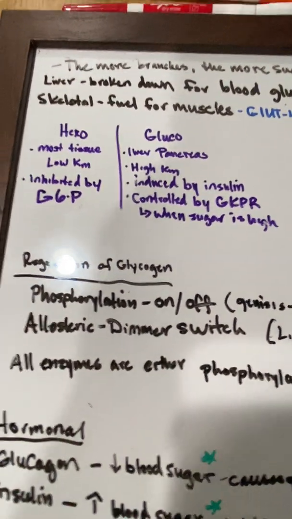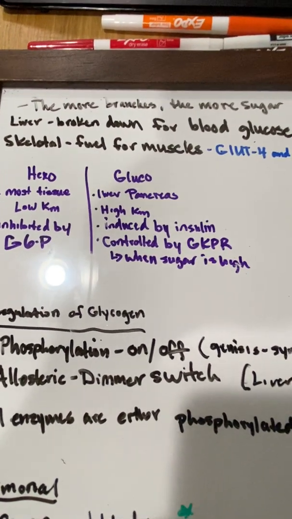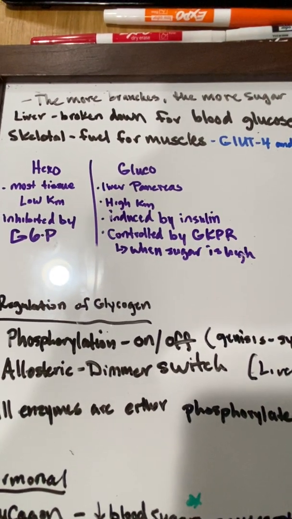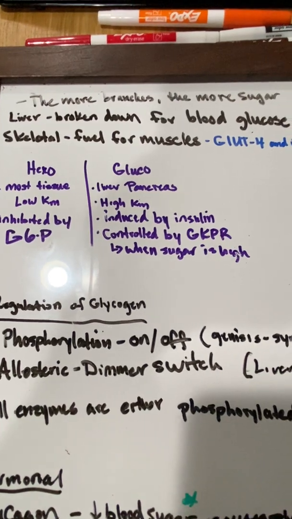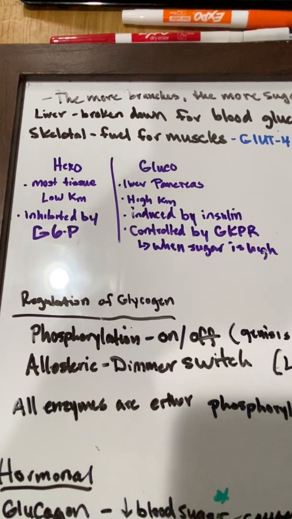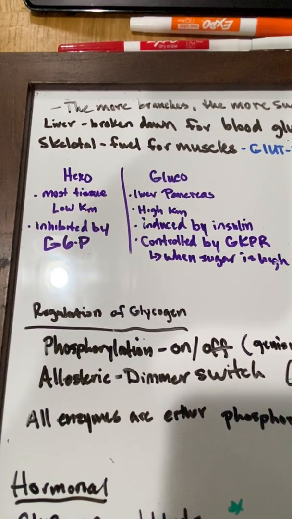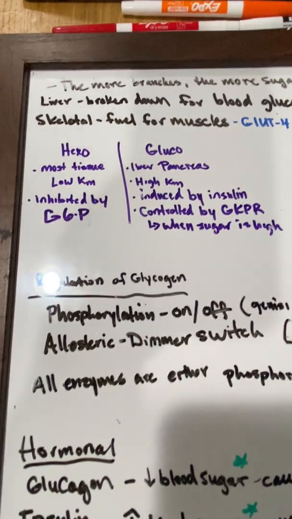Glucokinase is induced by insulin. It's controlled by the GKRP. So when sugars are high, it pulls the GKRP in. And then hexokinase is inhibited by G6P, or glucose 6 phosphate.